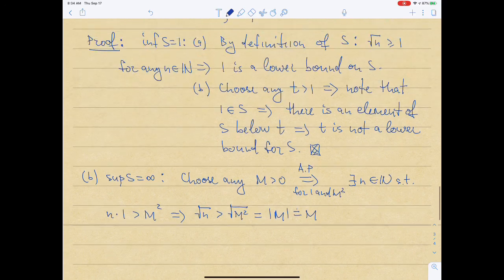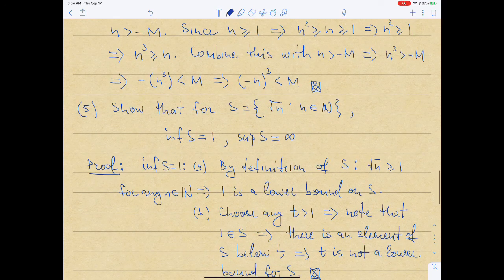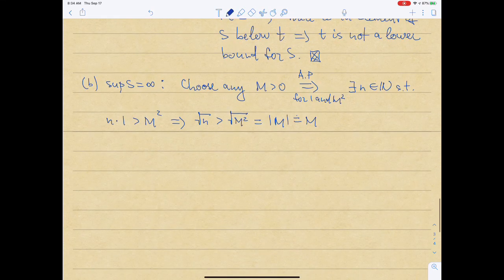My set capital S consists of everybody who looks like a square root of a natural number. So, what I was able to find is that there is an element of my set S, which is the square root of this n that was given to me by the Archimedean property, and square root of n is bigger than m. And so that means that I'm done.